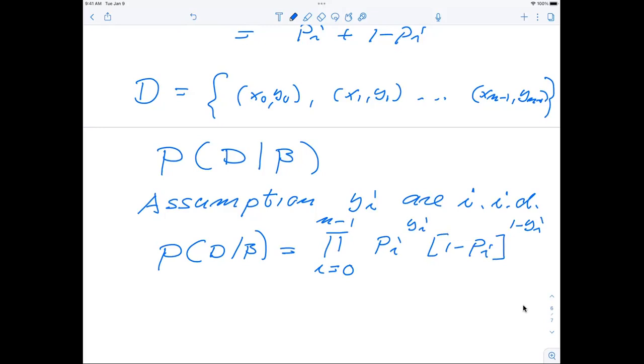So if the output is 1, then you see that this term here is 1 minus 1 to the power of 0, so that's 1. And then this term here is the only one which dominates. So if y of i is equal to 0, then this term is going to be 1, and I'm left with only this term, right?